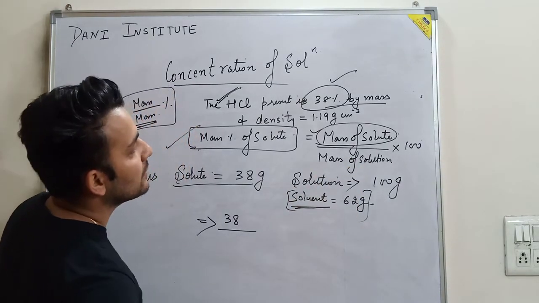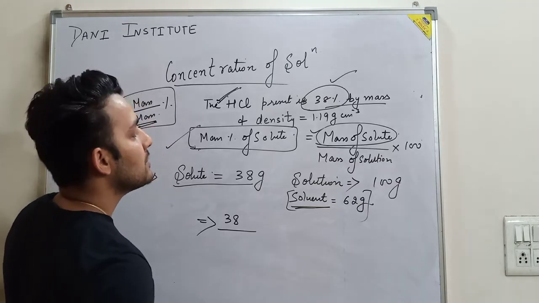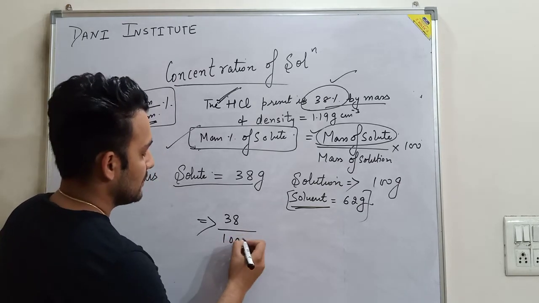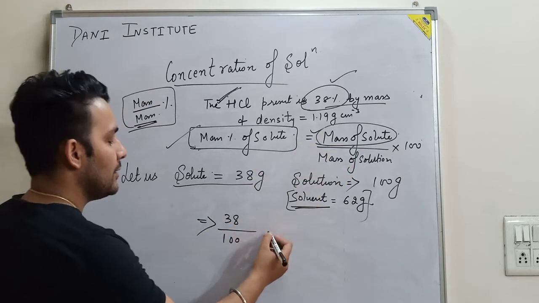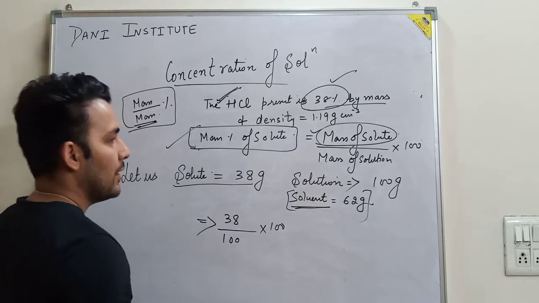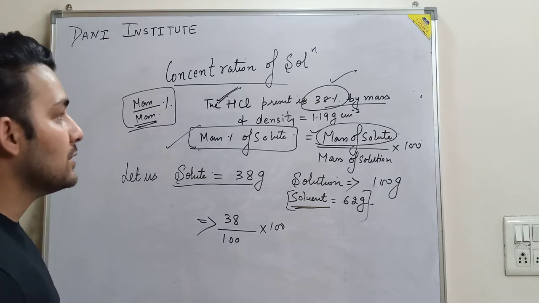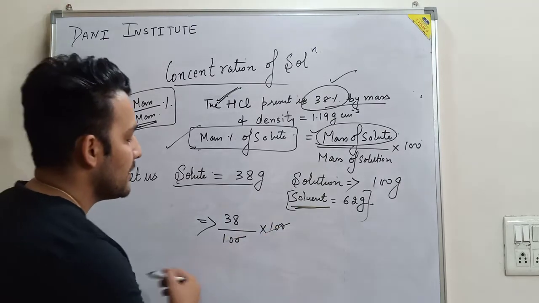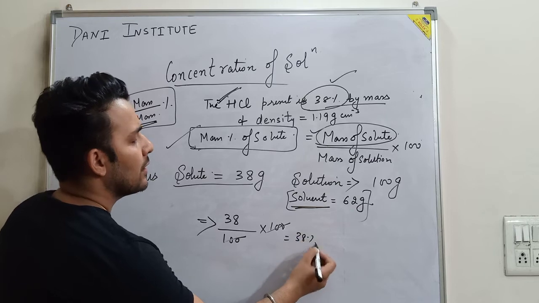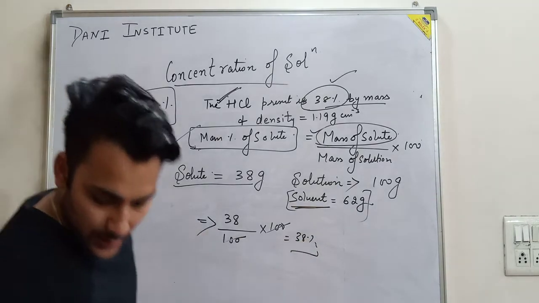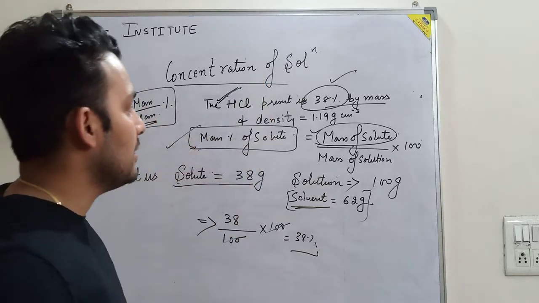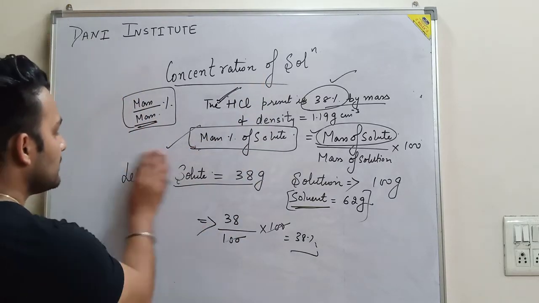Solution is 100 grams. And what we are going to do here, into 100. Now this 100 cancels with the 100. 38%, again same. But let us suppose there is some change in the numerical. What is that change?